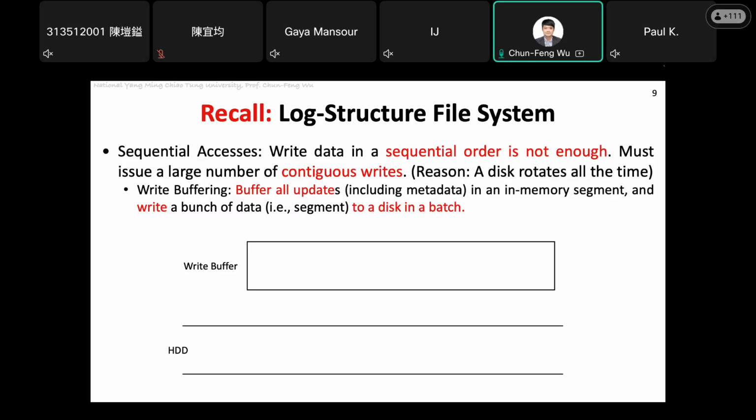So a workaround to make sure your data can be stored on a hard disk drive in a strictly sequential order is usually to have a write buffer. We buffer all the data and the corresponding inode together.